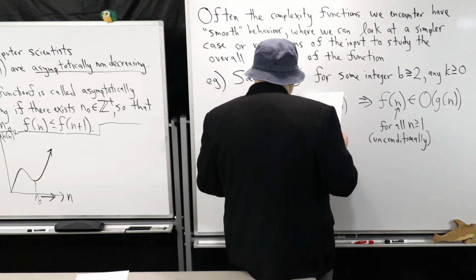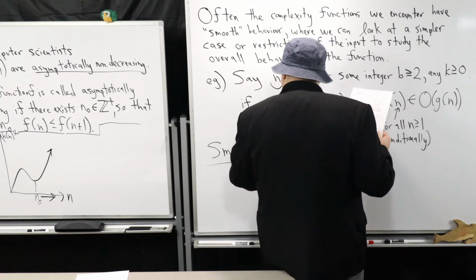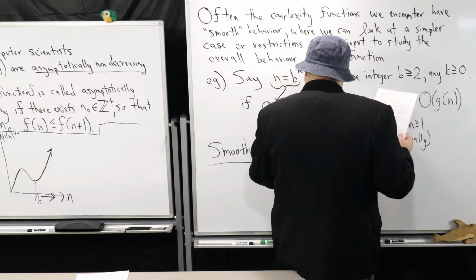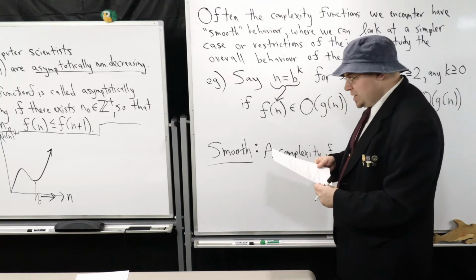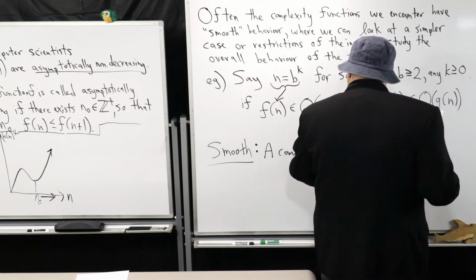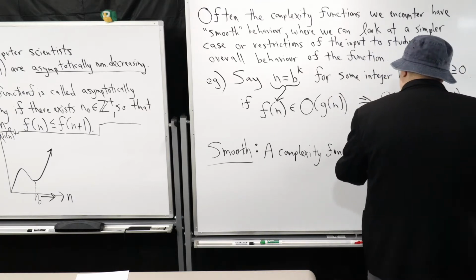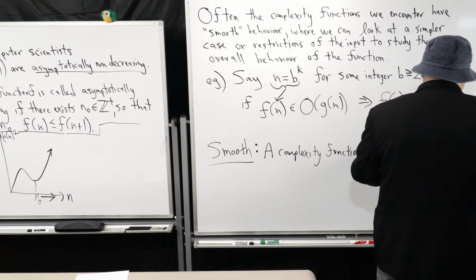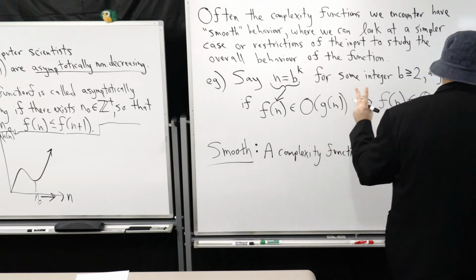So a smooth function. A complexity function f of n. We say that a function is smooth if it satisfies two properties.